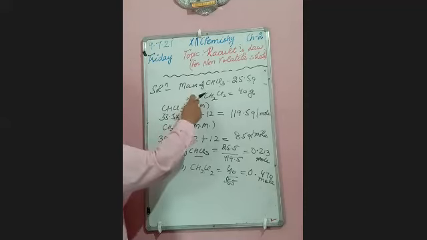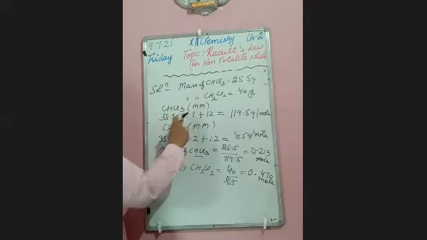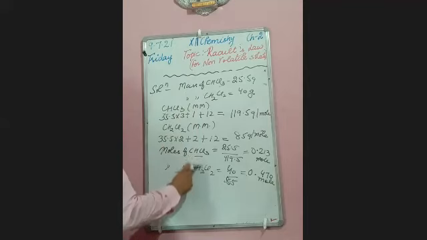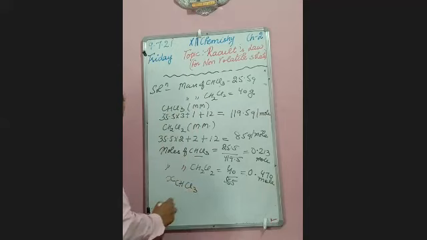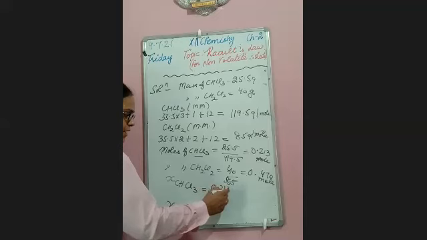Simply, mass is given to us. We have calculated molar mass, then we have calculated the number of moles. After that, mole fraction. First you will calculate the mole fraction of CHCl3, then the mole fraction of dichloromethane. It is number of moles of CHCl3 over total number of moles.